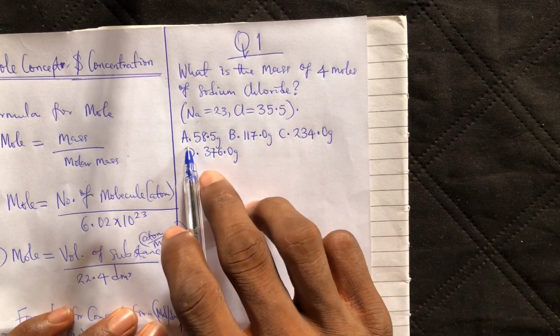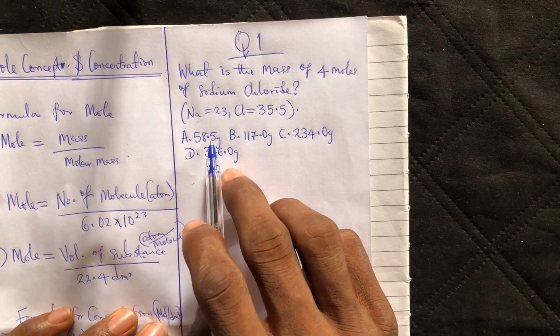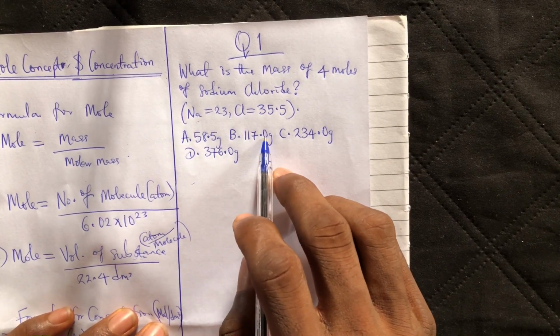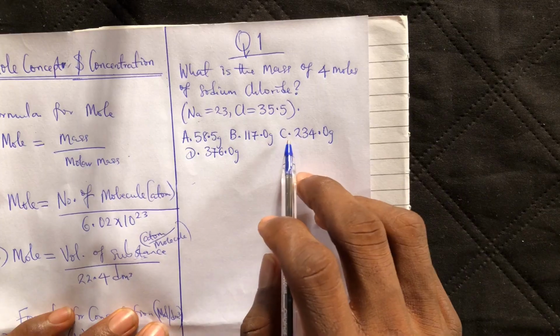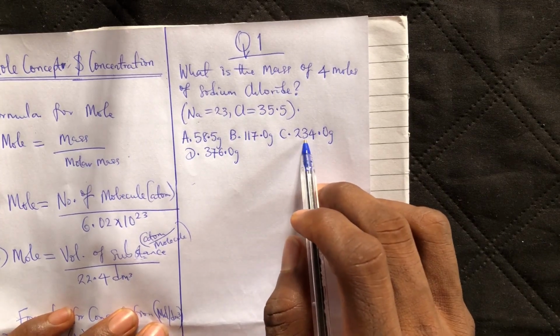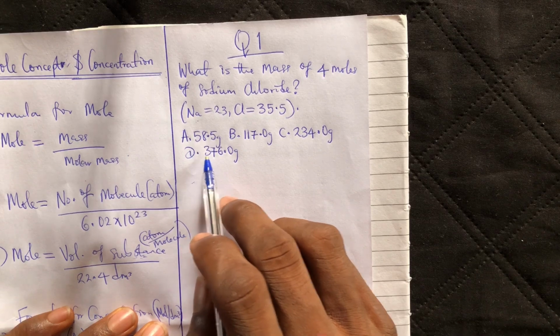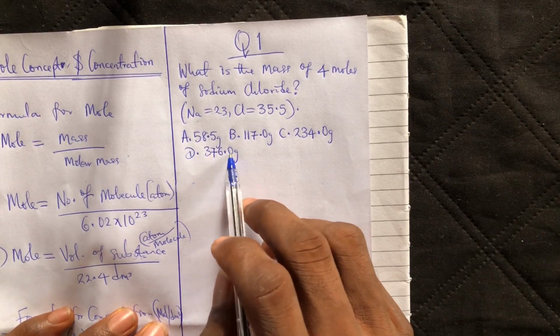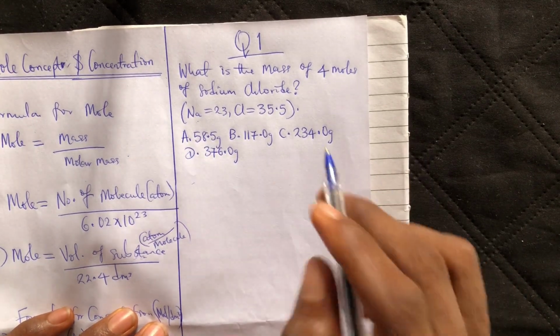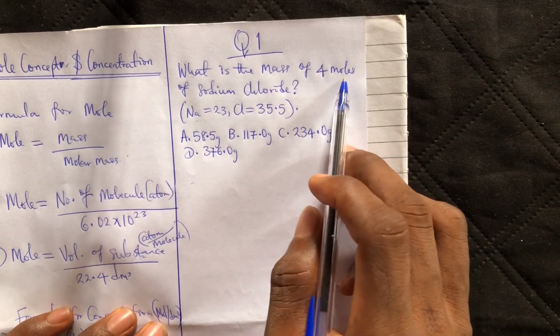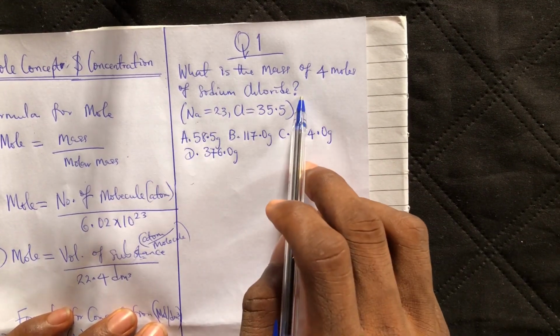In the options, option A is 58.5 gram, option B is 117.0 gram, option C is 234.0 gram, and option D is 376.0 gram.